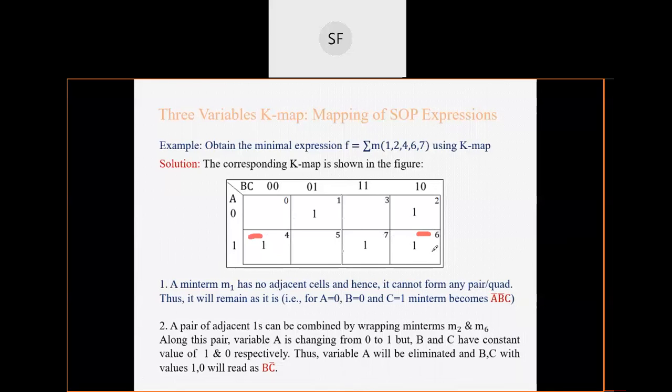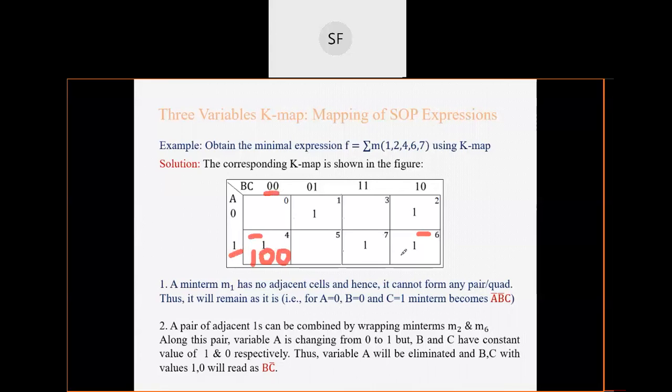For that you should understand, I am again repeating, several times I have repeated the definition of adjacent cells. The cells will be adjacent when there is a change in only one variable. So I am here writing the associated binary code for this cell: 1 0 0. The first 1 is the value of A. So this is the value of cell 4.